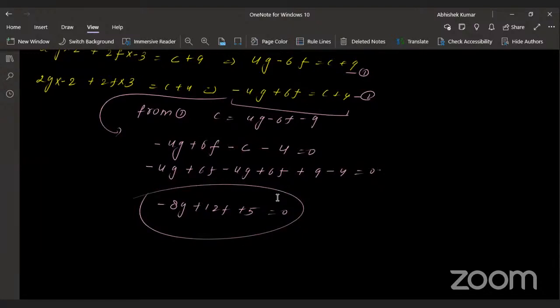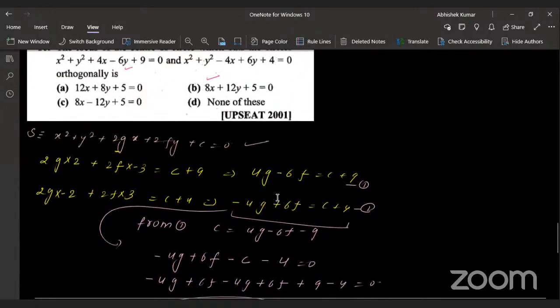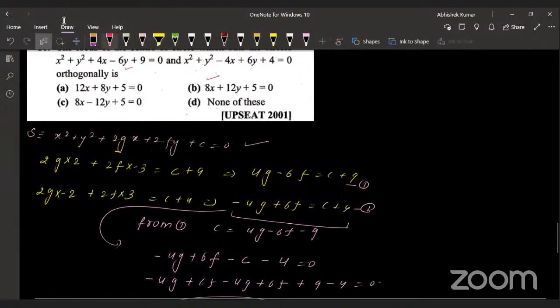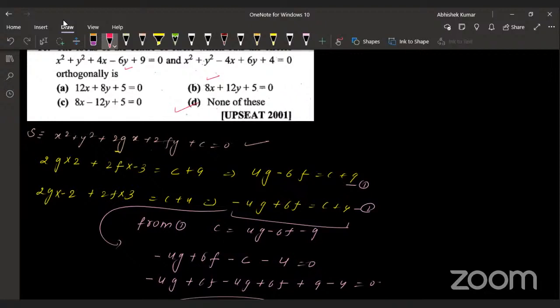Then you will have minus 4g plus 6f plus 9 is equal to 4. You have minus 8g plus 12f. Absolutely correct. Option D is the correct option here, because none of the options is matching because of sign.